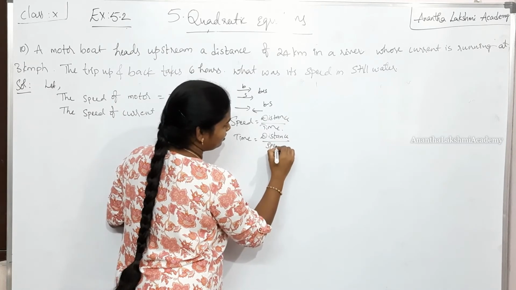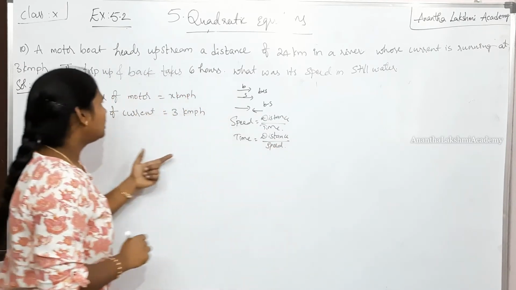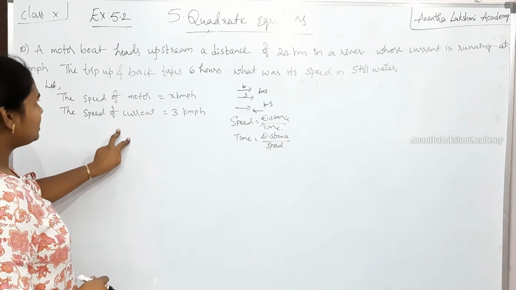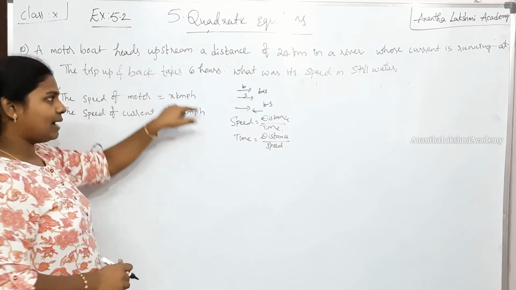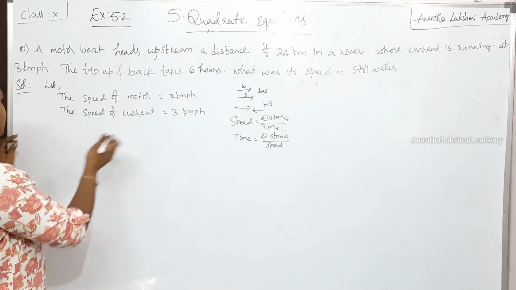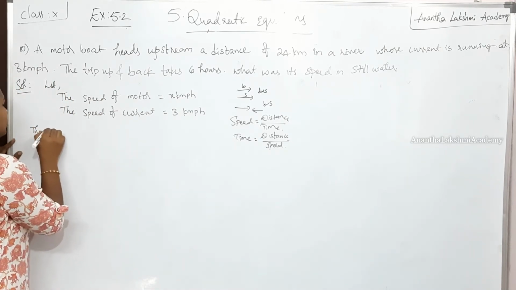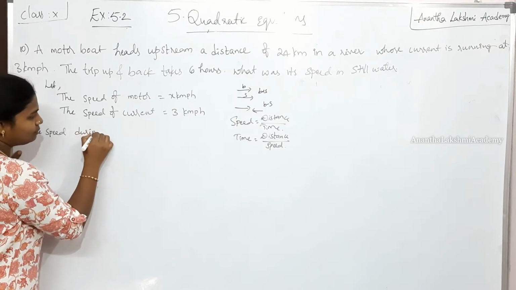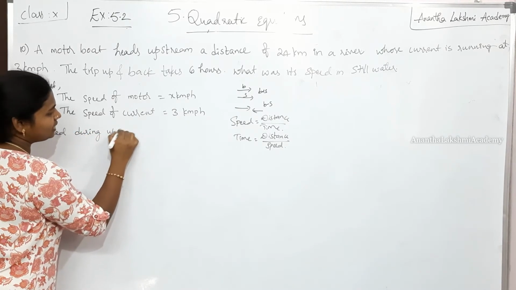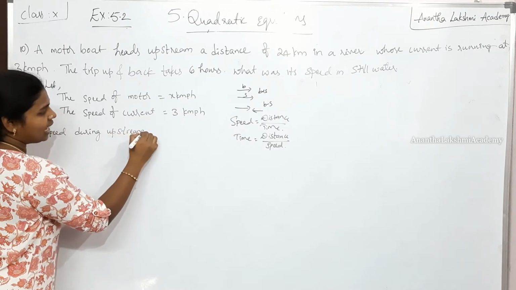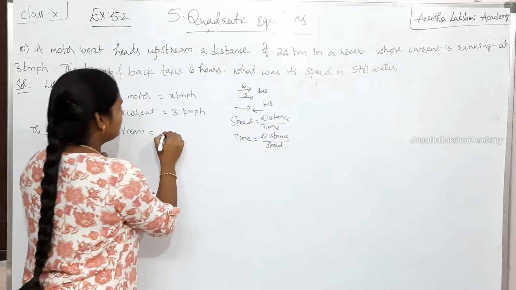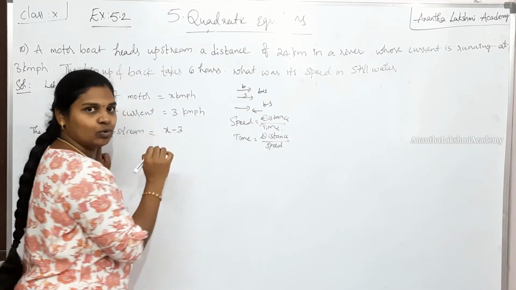Distance by speed. Alright, now what is given? Two things are given, the trip up and back. When you are going upstream, the boat and the stream are traveling in different directions, so that will be a subtraction of both.